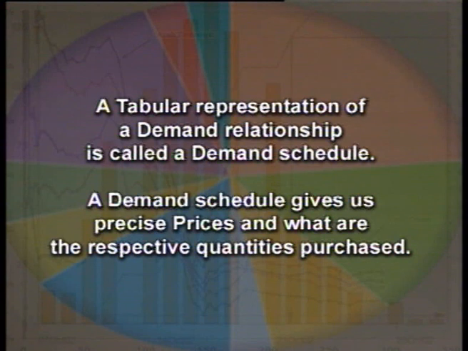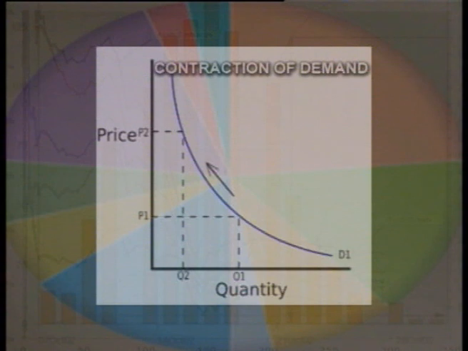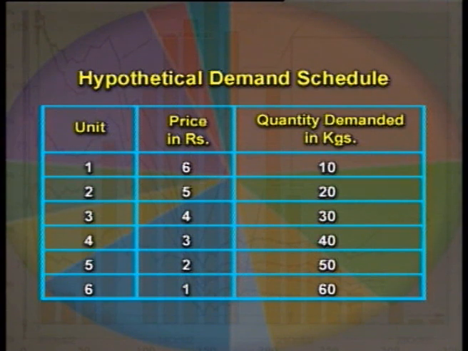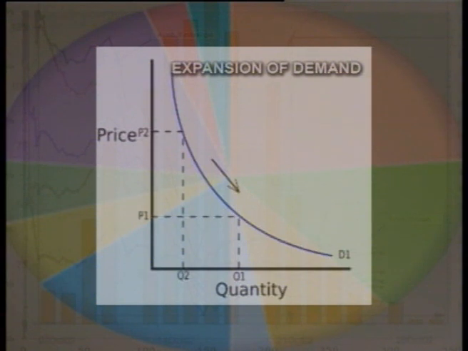A demand schedule gives us precise prices, various prices, and at those various prices what are the quantities purchased. When we look at such a demand schedule, we find that whenever the price is rising, the quantity purchased is reducing. This is called contraction of demand, and whenever the price falls, demand increases. It is known as expansion of demand: contraction and expansion of demand.